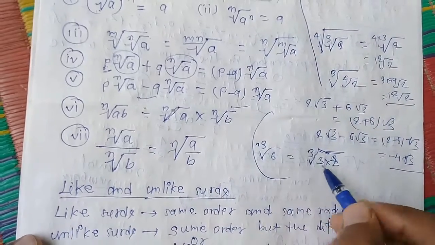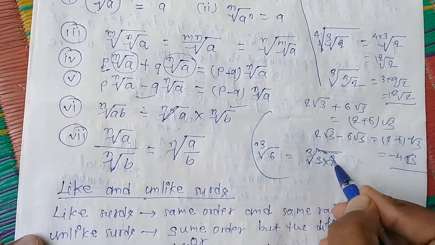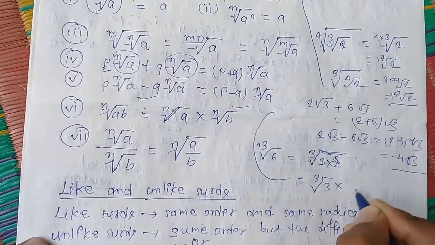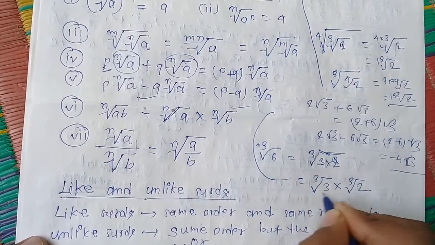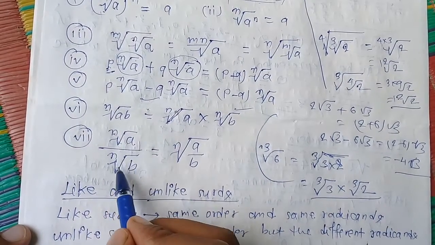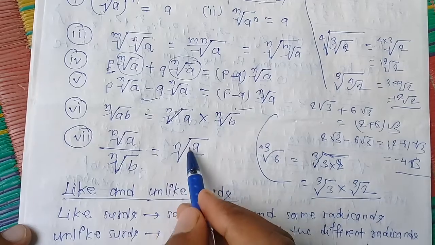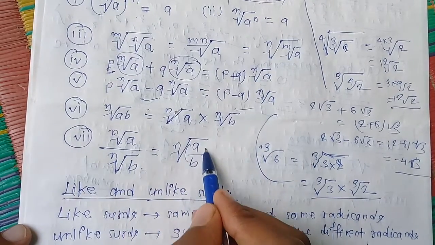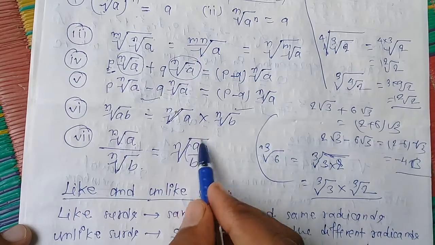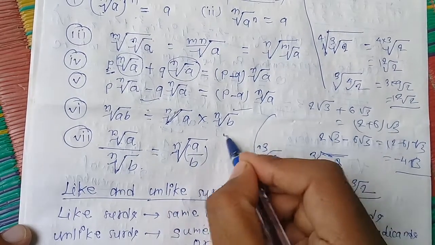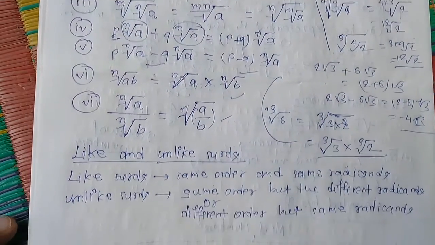So 6 can be written as third root 3 times third root 2. Now again, the nth root of a divided by the nth root of b: the radicands are divided under one radical sign, with the same order in this case. So these are the properties.